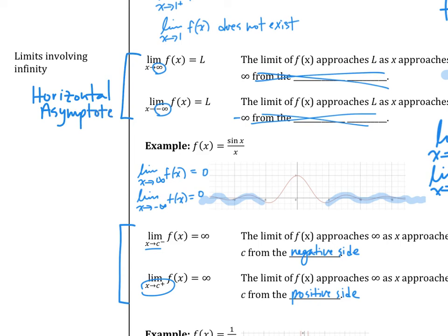We're just now learning how to define it using calculus terms. The second one, when x is going to a number and y is going to infinity, we're talking about the vertical asymptote. So this is stuff you have been learning since Algebra 2, but now you have a calculus attachment to it.